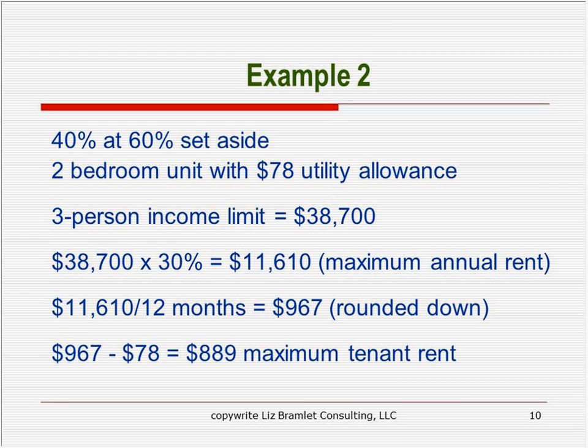Again, we always need a monthly amount. So we divide by 12 months, round down to the nearest whole dollar, and the maximum possible monthly rent is $967. These tenants do pay some of their own utilities. They have a $78 utility allowance, which we subtract out, giving them a maximum tenant rent of $889.